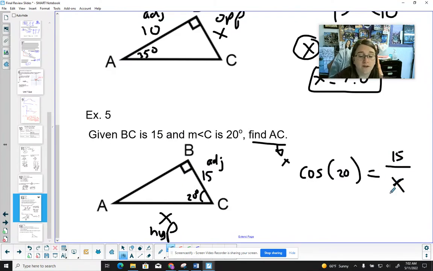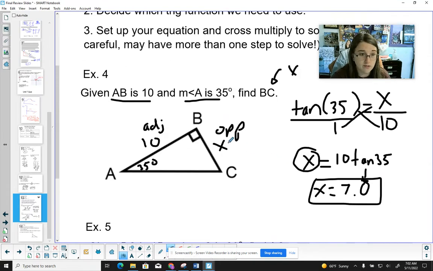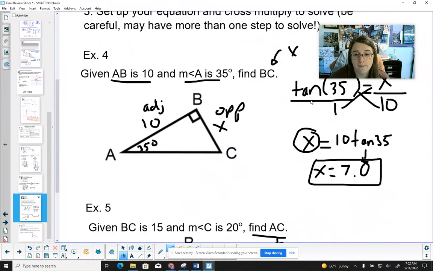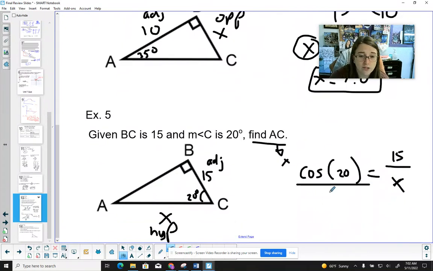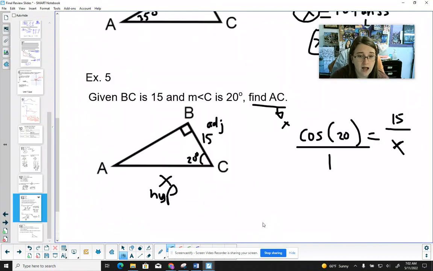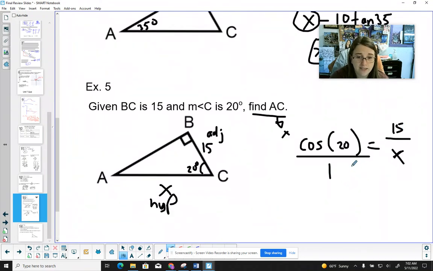So check your setup and fix it if you need to. X does not always go on top. In this case, x is the hypotenuse, and the hypotenuse goes on bottom. Simple as that. But we still are going to cross multiply, and there's a problem when we do this. When I cross multiply, I'm going to have 15 times 1, which is 15, and I'm going to have x times cosine 20.